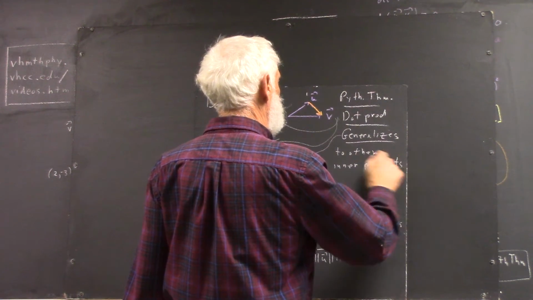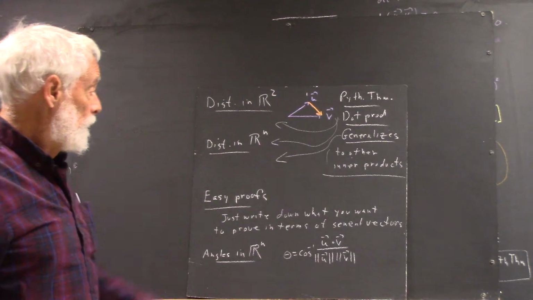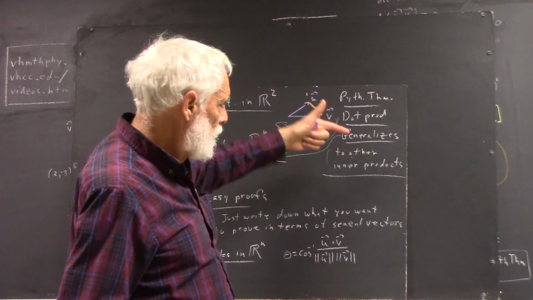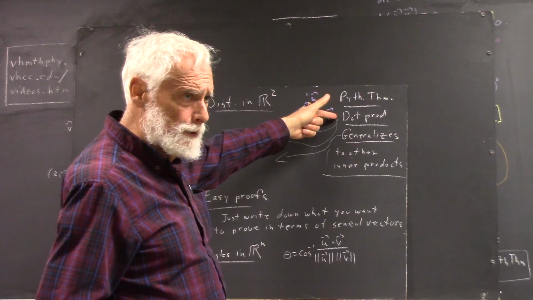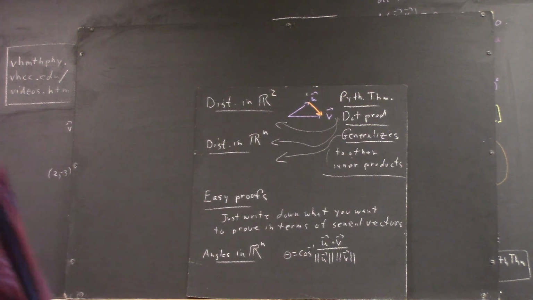Now we haven't gotten to inner products, we haven't defined any other inner products yet, but inner products are just ways of combining two vectors that follow the same rules that the dot product does. So we're going to want to look at the rules that govern dot products so that we know how to generalize this thing.